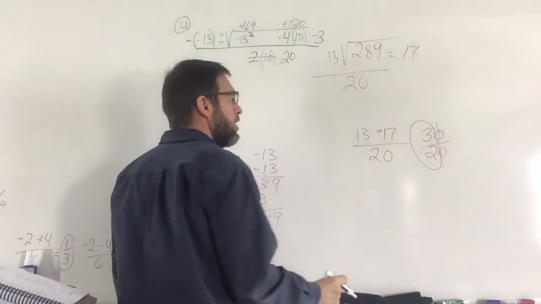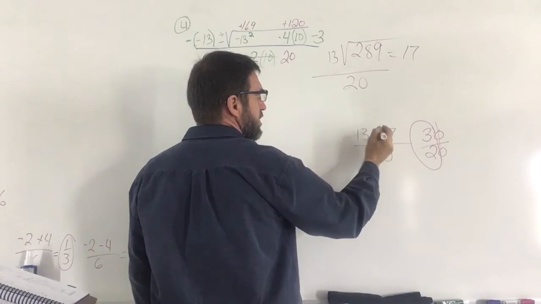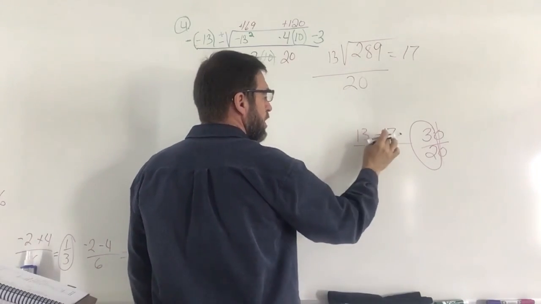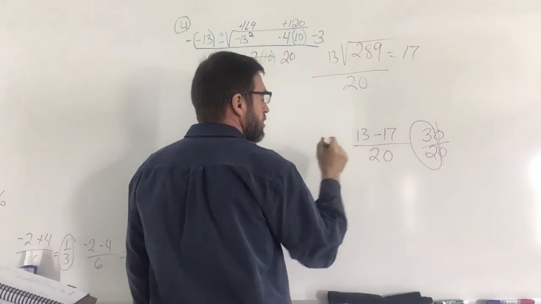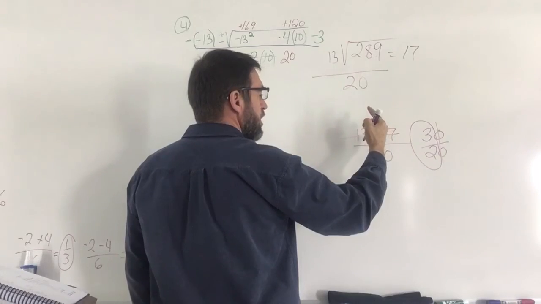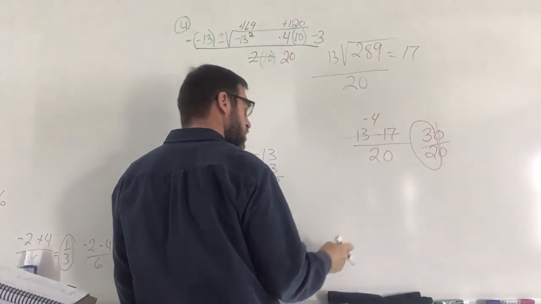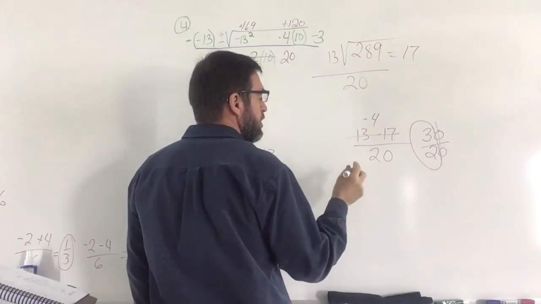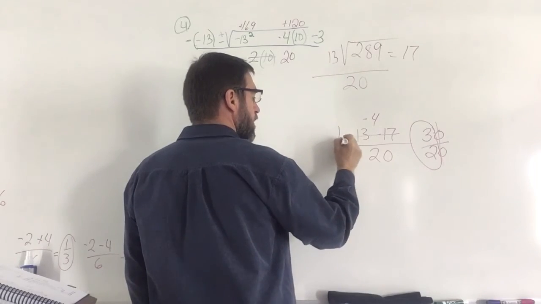Right there. Now let's just use the same problem and let's make it negative 17. Negative 17 and positive 13. Uh-oh, I have to subtract those two numbers. And so what's that make me? 3, 4, 5, 6, 7. If you count with your fingers, you can get it. That's negative 4 over 20, which will be reduced down to 1/5.